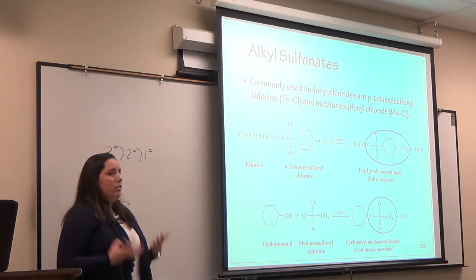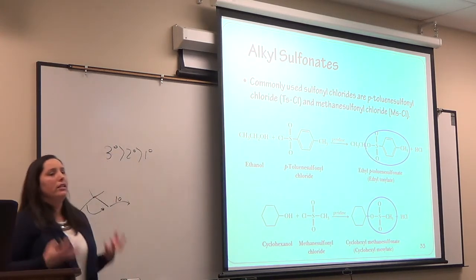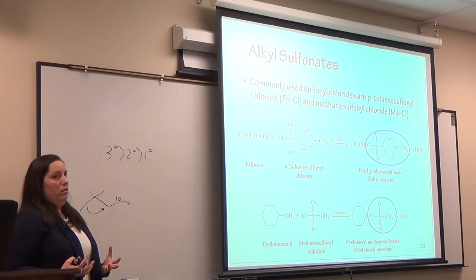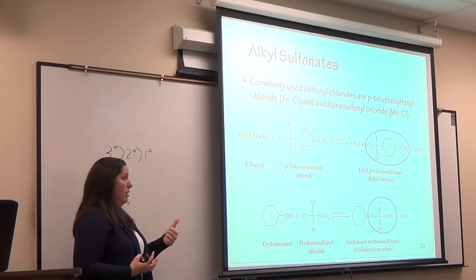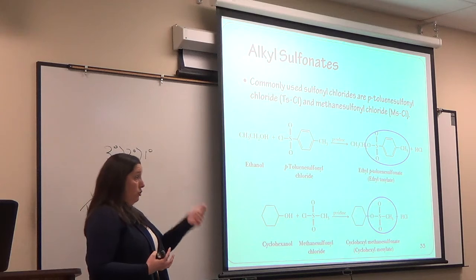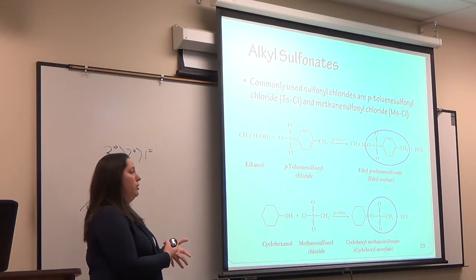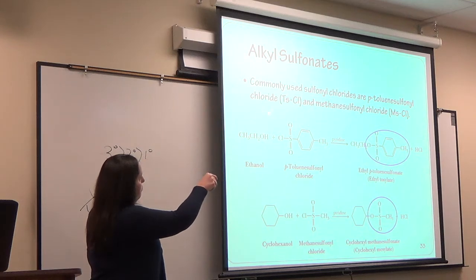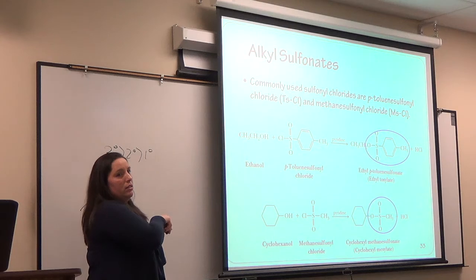So I don't want you to get lost and wonder, why is she giving us all this? It's because the OH of the alcohol is not a good enough leaving group on its own. So you can protonate if you have a strong acid, but if not, then you can do a number of reactions to convert it to a good leaving group. Does that make sense? PBr3, thionyl chloride, and then the sulfonates. And the sulfonates, you would convert them using these reagents up here. Does that make sense?